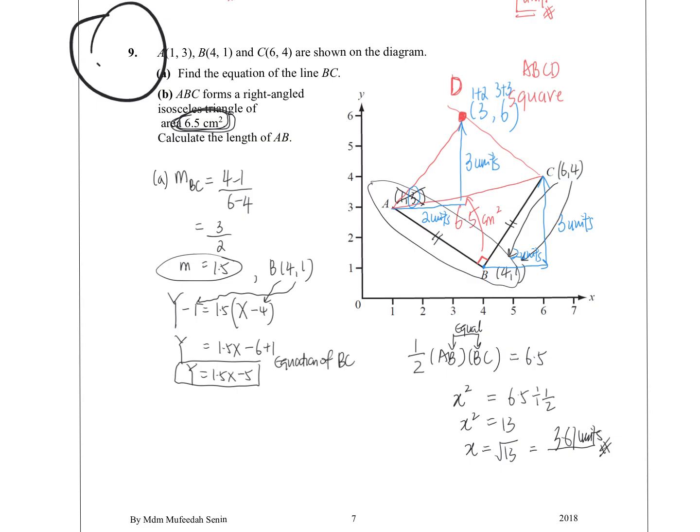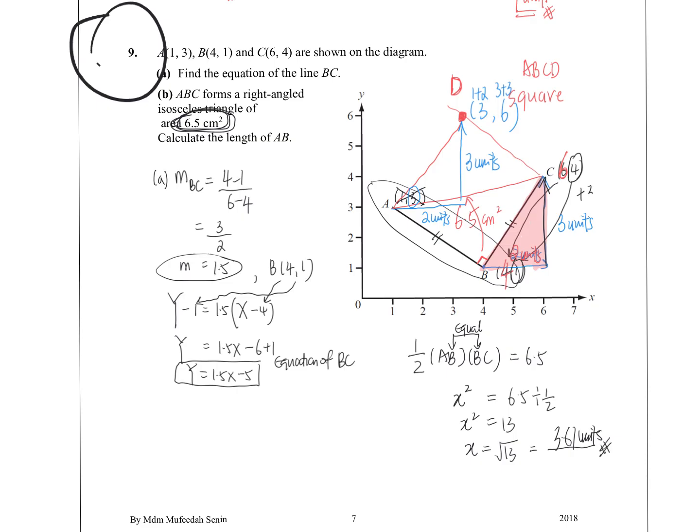Okay, so there are many possible questions I can ask for coordinate geometry. Imagine if you want to move from B to D, you need to make use of this shifting triangle. That means from 4, I move to 6, means I shifted 2 units to the right. From 1 unit to 4 means I shifted 3 units upward.